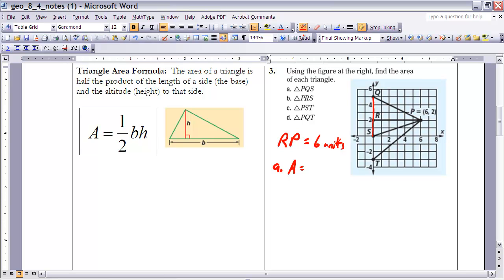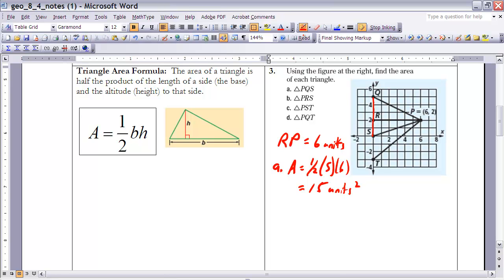I take that back, up to 5, sorry. Therefore, if I'm going to find the area of that, I'm going to take 1/2 times the base, which is 5, times the height, which is 6. Or 1/2 times 30, or 15 square units.